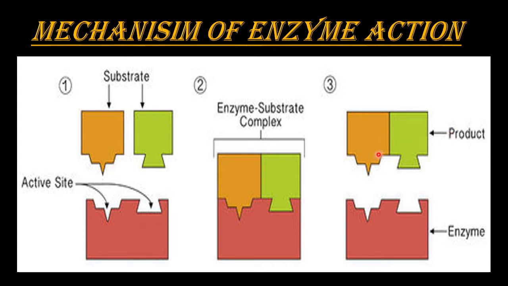So in this complete reaction, what is the function of the enzyme? The function of the enzyme is just to speed up the reaction. And finally, when the product is released from the enzyme, the enzyme gets back into its original position, as it was before it was attached with the substrate. Clear, student?